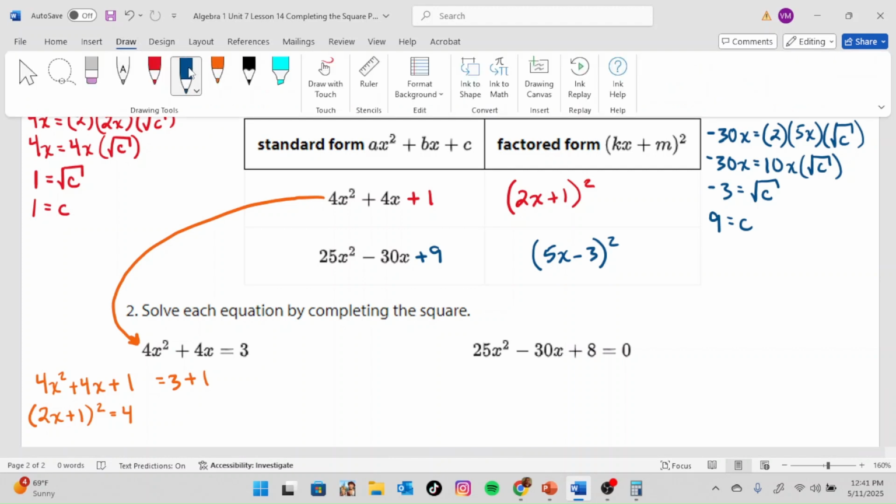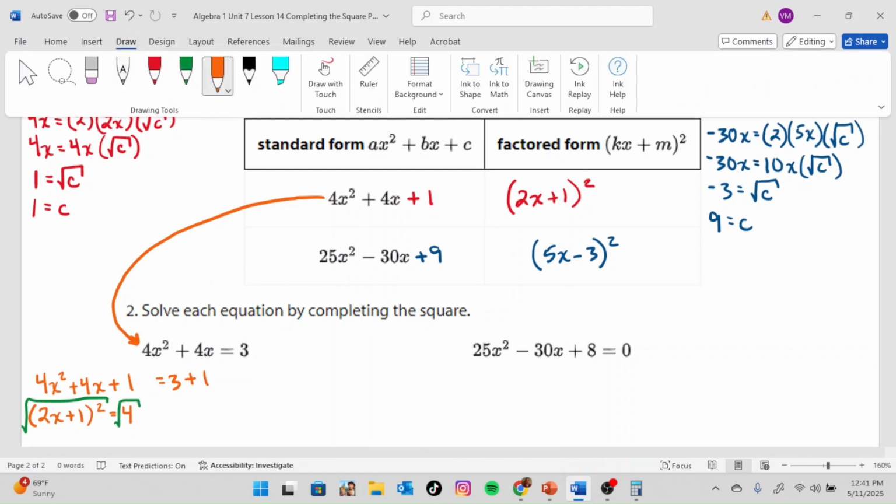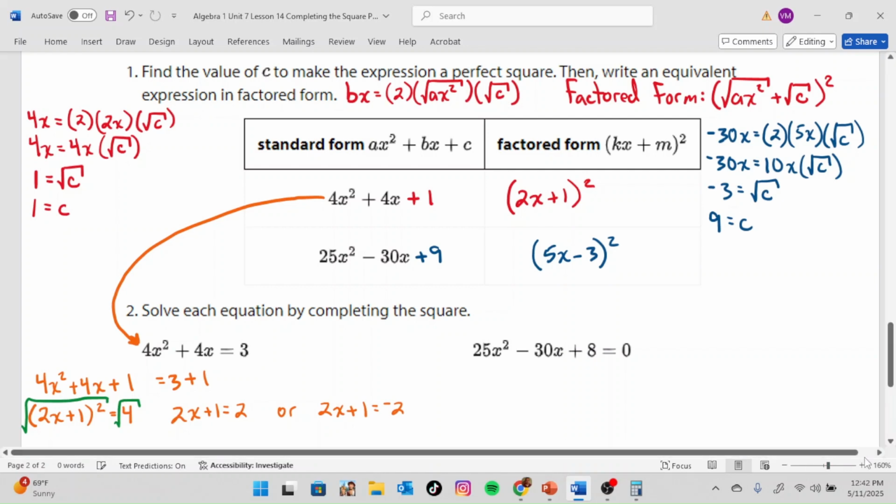So now we would take the square root of both sides, and the two answers would be 2x plus 1 equals positive 2, or 2x plus 1 equals negative 2.